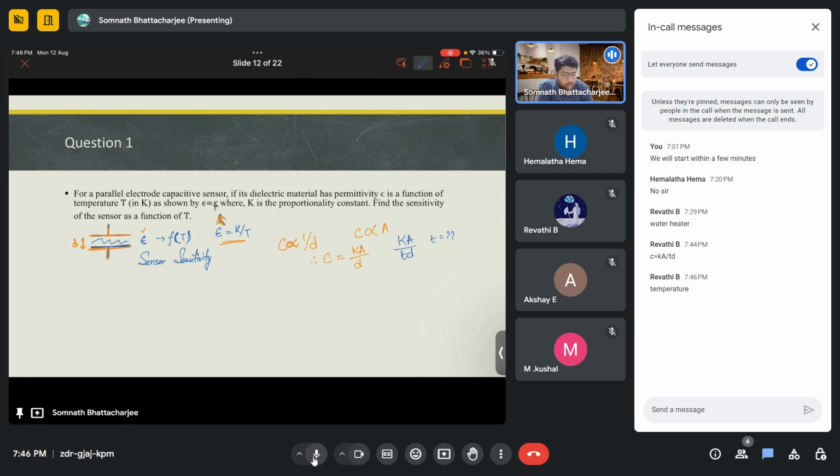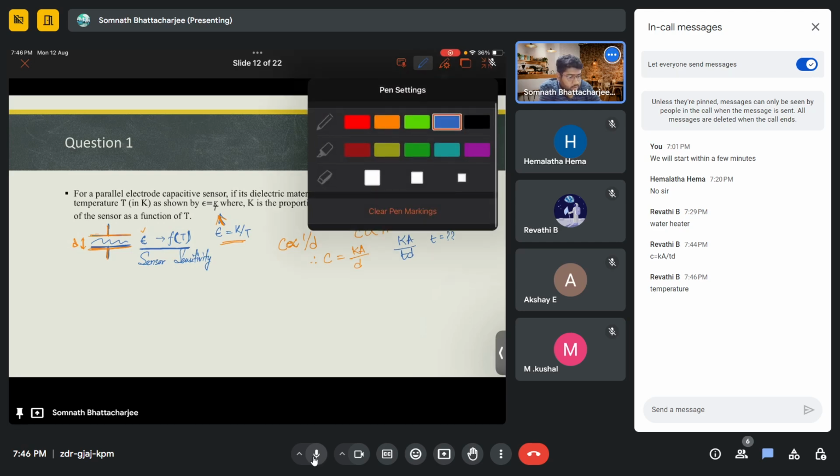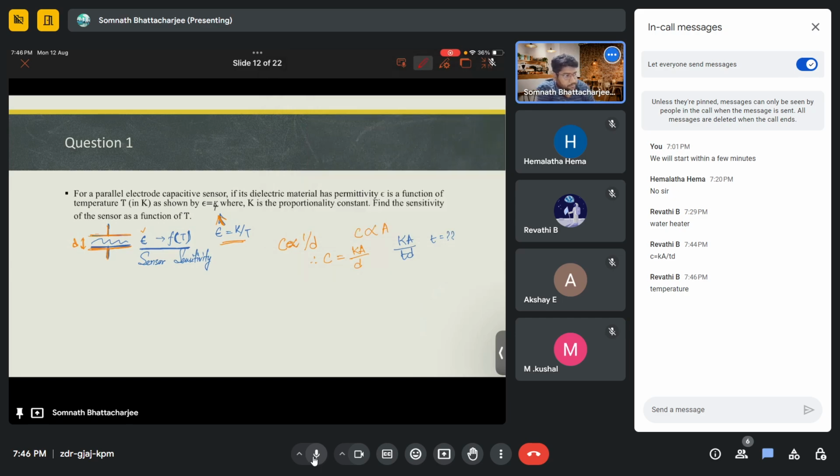Okay. So let's say here you already know that with respect to temperature, epsilon changes, right? So it will be T, right? Correct. So what will be the sensitivity then?